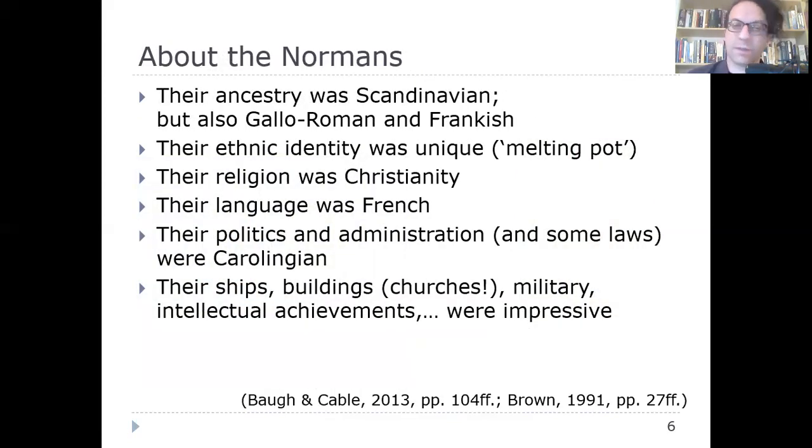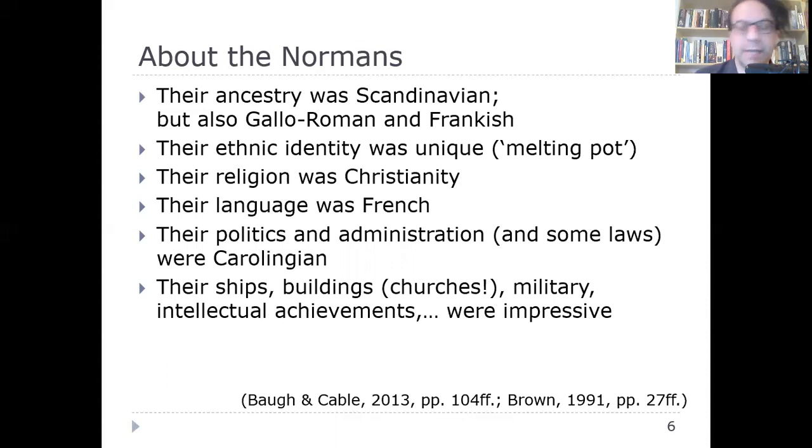The Normans were descendants of Vikings, as I already said, and of course, they also then mixed, genetically speaking, with Gallo-Roman and Frankish people. Their ethnic identity was pretty unique, so they were not the same thing as Vikings.